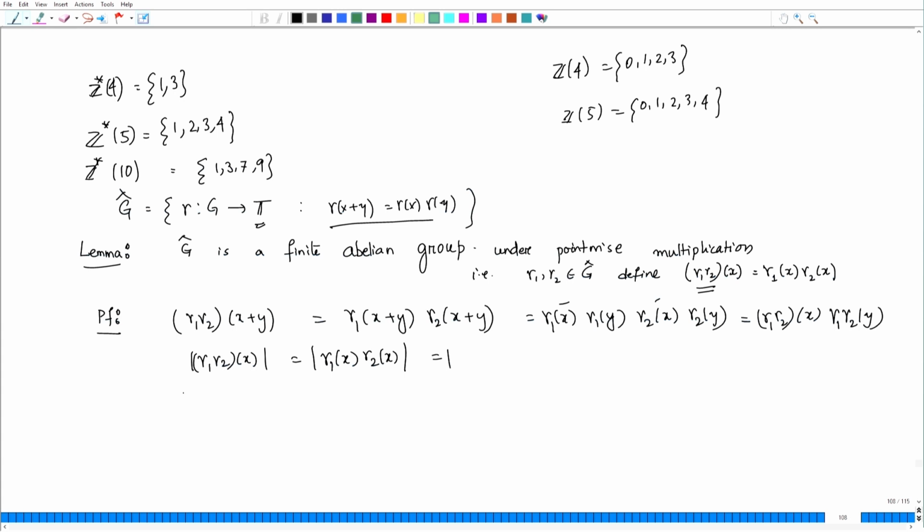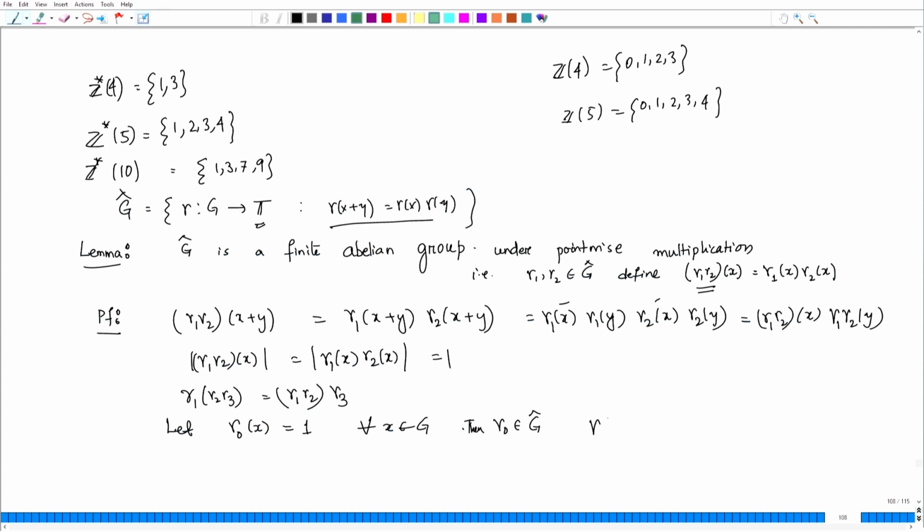Similarly, it is very easy to check that gamma 1 gamma 2 gamma 3 should be equal to gamma 1 gamma 2 gamma 3. Because of the complex number multiplication you can do that. So, the closure and associativity are there. Now, one needs to check the identity. Let gamma 0 of x be equal to 1 for all x belonging to G. Clearly, gamma 0 belongs to G hat.